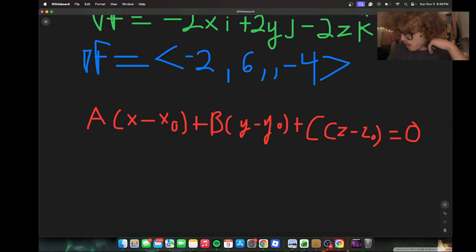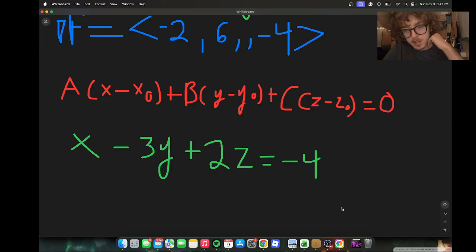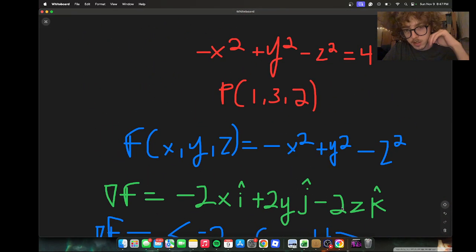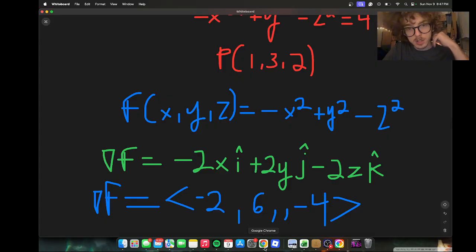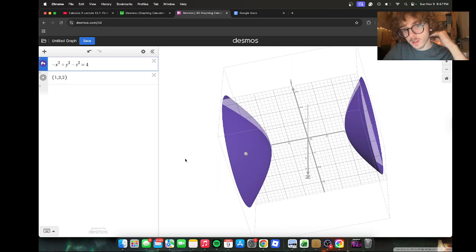And when you solve everything out, I have it in my notes here. So see if you can get the same thing as me. So x minus 3y plus 2z equals negative 4. That's what you should have gotten. So let's plug in everything and try to understand what this actually looks like. So we have our point. And now let's plot, and this is in Desmos, so if you want to follow along, you can.